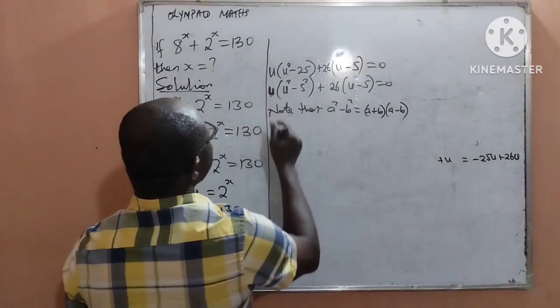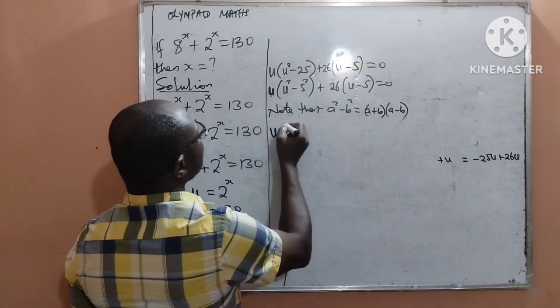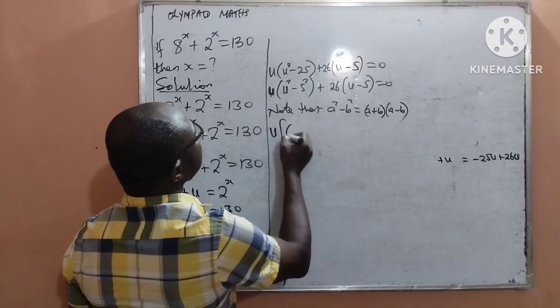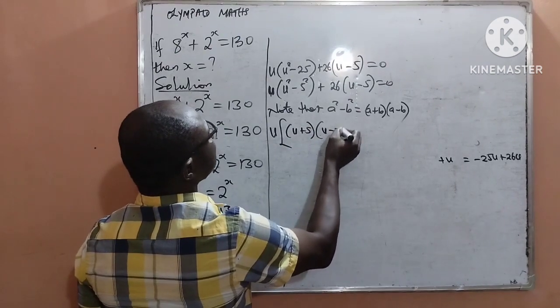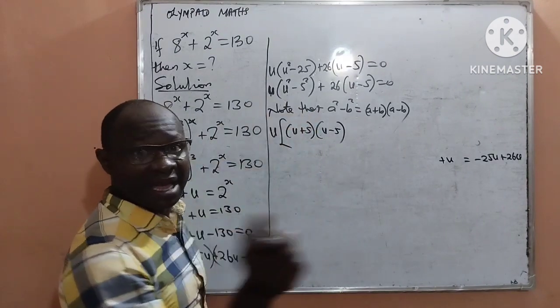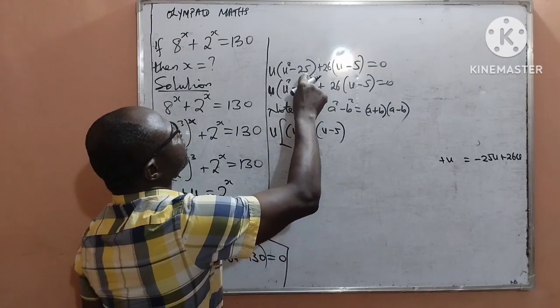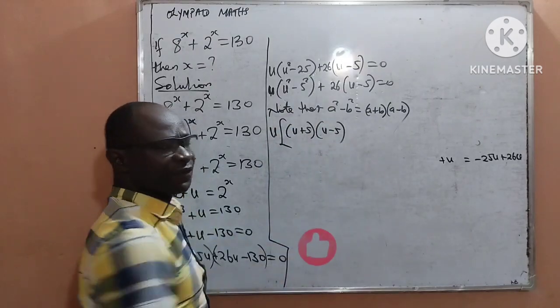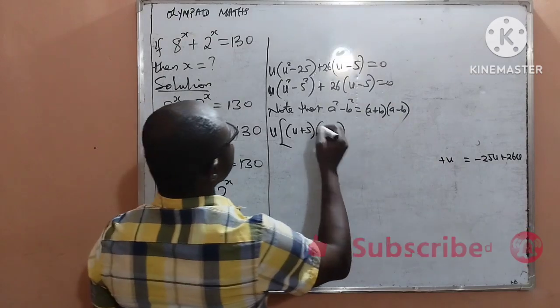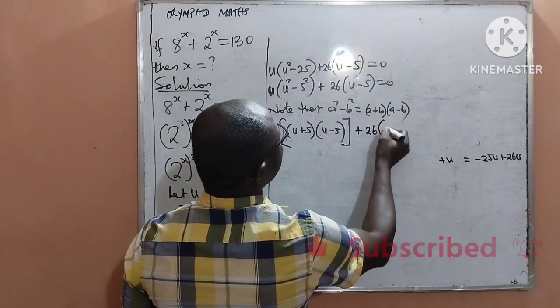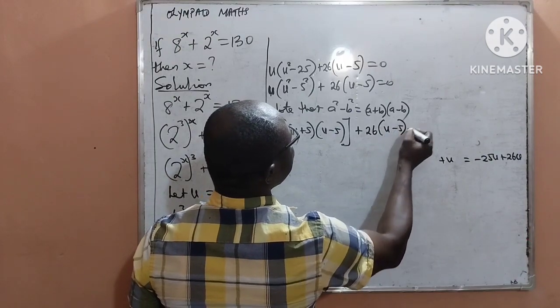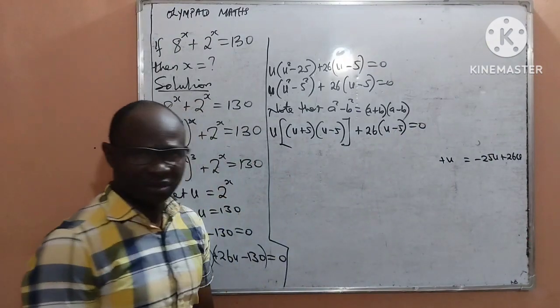From here we now have u into the bracket u plus 5, then u minus 5. Now, I have represented u squared minus 5 squared in the form of difference of two squares. Then closing the bracket, I will have plus 26 into u minus 5. Everything is equal to 0.